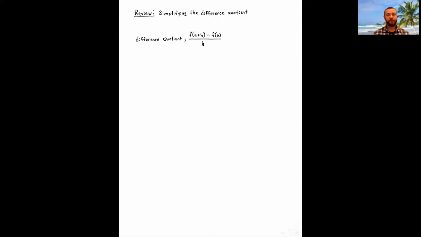Now, we could have jumped straight to an example, but this is one of those places where your algebra and pre-calc skills either allow the student to be successful with our current problems in Calc 1, or might be a little lacking. So let's briefly go through an overview of how to simplify this thing called the difference quotient: f of a plus h minus f of a, all divided by h.